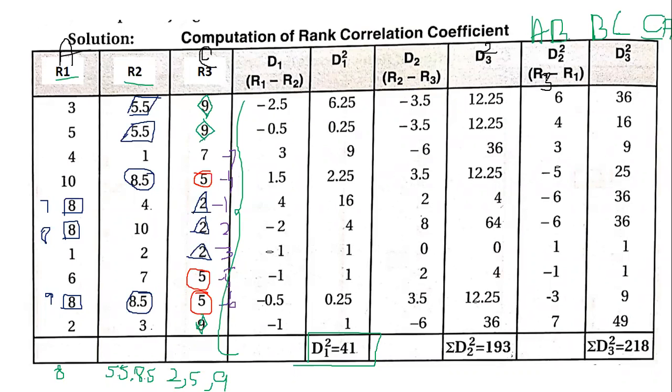So this is going to be R3 minus R1. Now once you find R3 minus R1, you will also have to find the square for it, and you will get the answer of 218. Here the answer is 193. So once you find these values, now let us go to the formula.